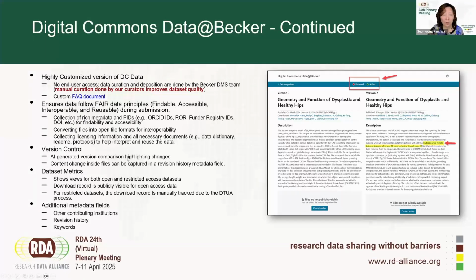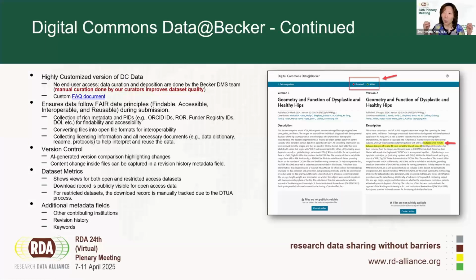It does have version control. Interestingly, Digital Commons Data Becker uses AI to compare the different versions. If you have two versions and click on compare version, it will pop up like that. Removed text will be highlighted in red, and added text will be highlighted in green. So this is what it shows. It's a good way to use AI for that.